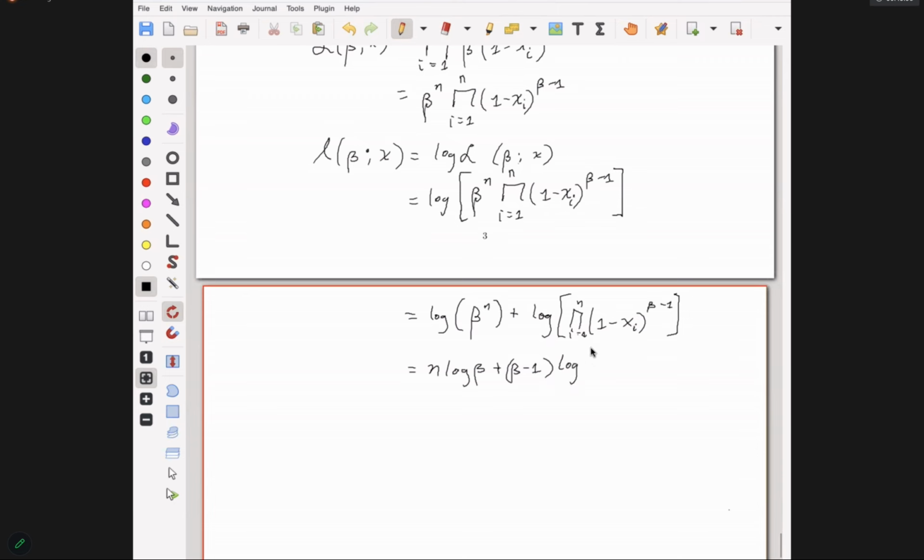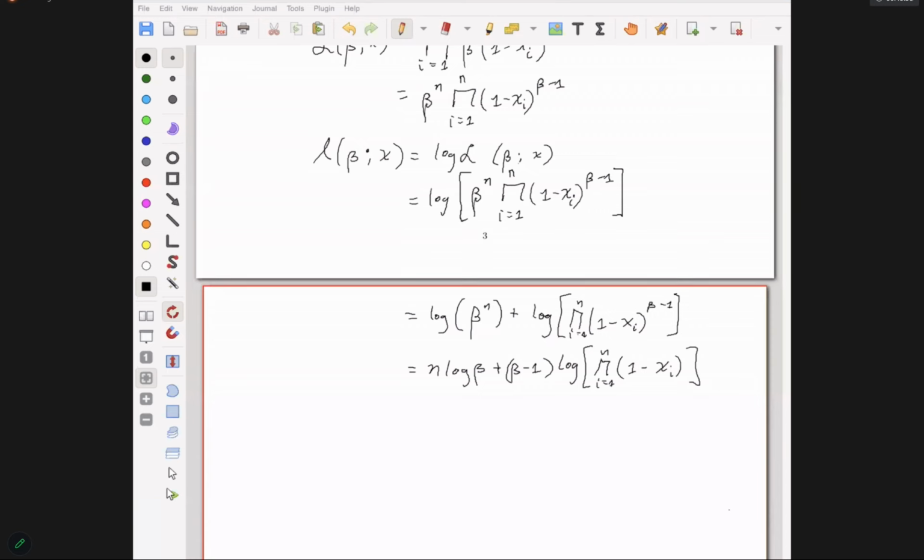If we have the log of the product from i equals 1 to n of 1 minus xi, how do we split this up further? Can we do log 1 and log minus x? No. If you have addition inside of a logarithm, you can't split that up.